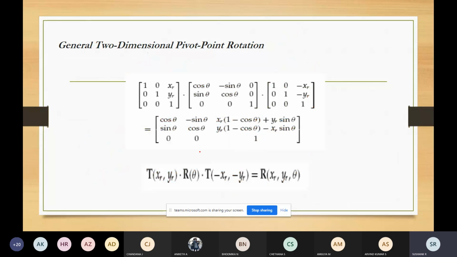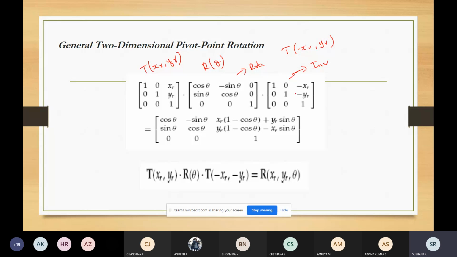That is being represented here. This corresponds to inverse translation, T of minus XR comma minus YR. This is rotation of theta, and this is T of XR comma YR. So first perform the inverse translation.